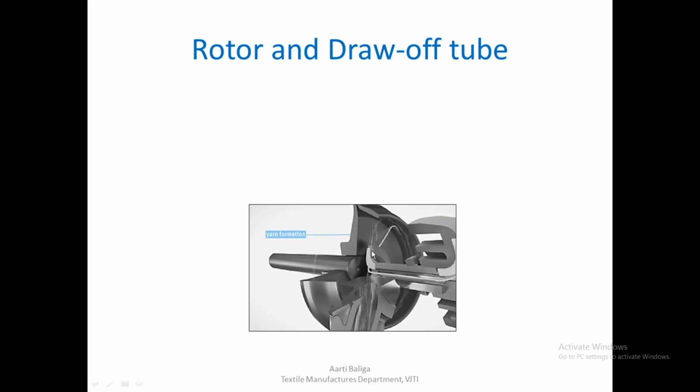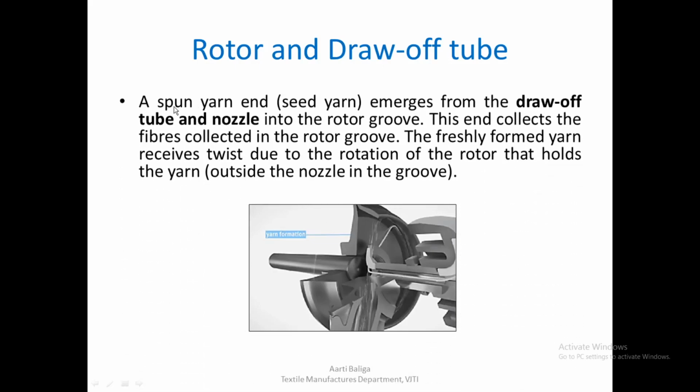The yarn has come, as you can see. It is going to rotate over here because of the centrifugal force. It is being held here in the rotor groove, and it starts collecting the deposited fibers onto itself and getting twisted at the same time, and it has to be just withdrawn. The spun yarn end, that is the seed yarn, emerges from the draft tube and the nozzle into the rotor groove, which is seen here.